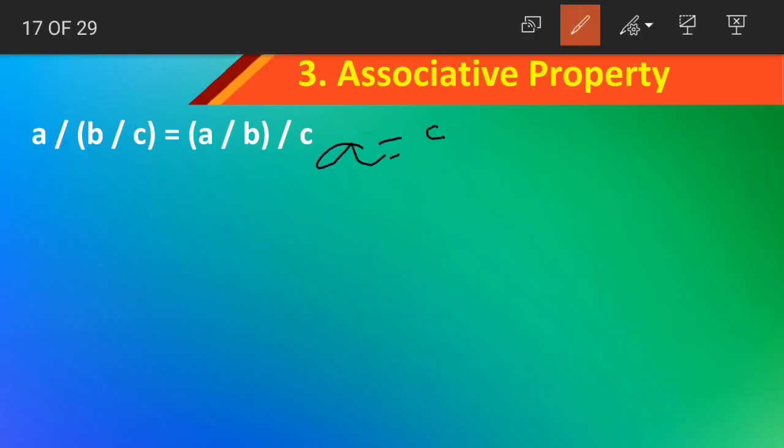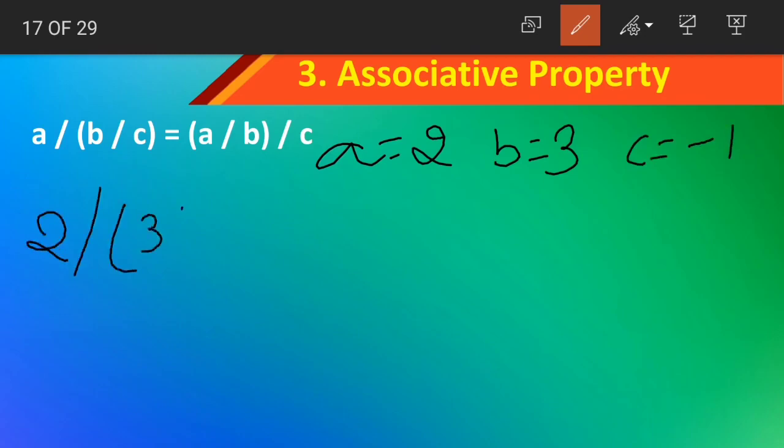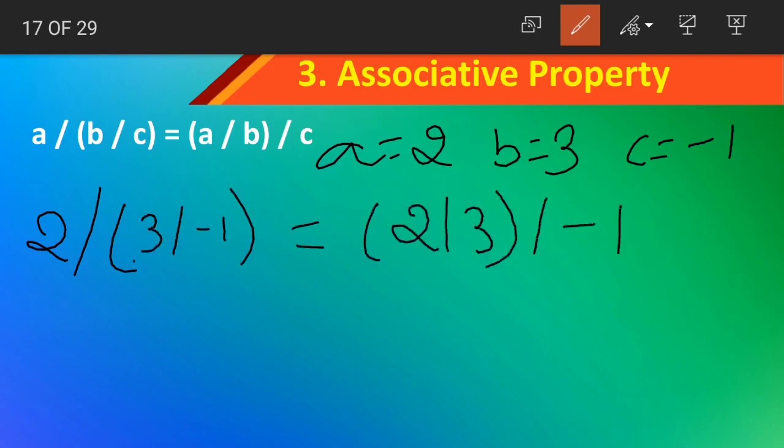Again, A is equal to 2, B is equal to 3, C is equal to minus 1. 2 divided by 3 divided by minus 1 is equal to again 2 divided by 3 whole divided by minus 1. Remember, first we should solve whatever is in the bracket. 3 by minus 1 becomes what? 3 by 1 becomes 3.